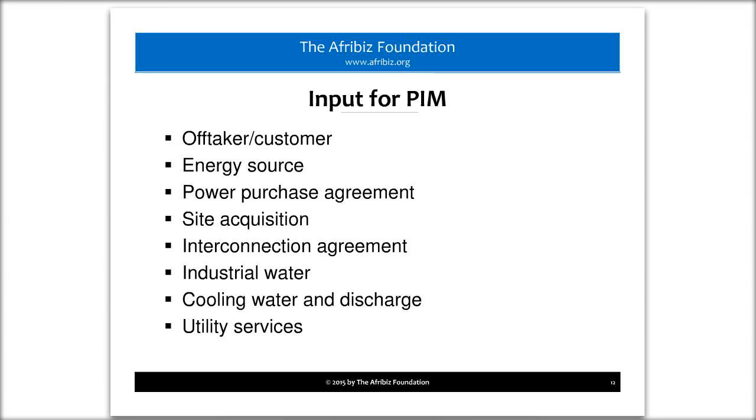And depending, if it's not electricity but you're doing combined heating and cooling, and some of these other factors, you may have cooling water and discharge. Utility service, sometimes you need to have a sewer connection, for example. So there are all of these different little things that you can lose track of.